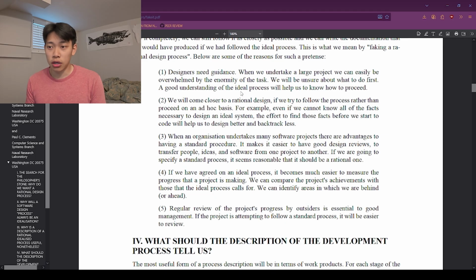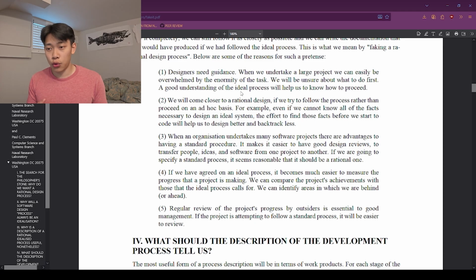When an organization undertakes many software projects, there are advantages to having a standard procedure. It makes it easier to have good design reviews, and to transfer people, ideas, and software from one project to another. If we are going to specify a standard process, it seems reasonable that it should be a rational one.